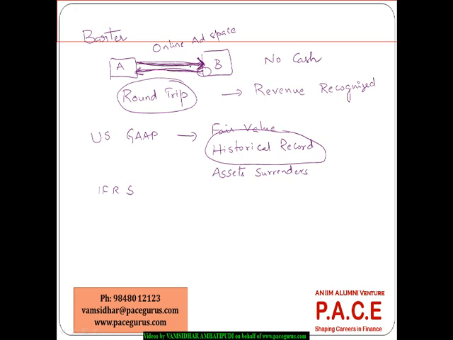So these are the assets that A has sold to B. Whatever is the book value of them, treat that as the revenue.